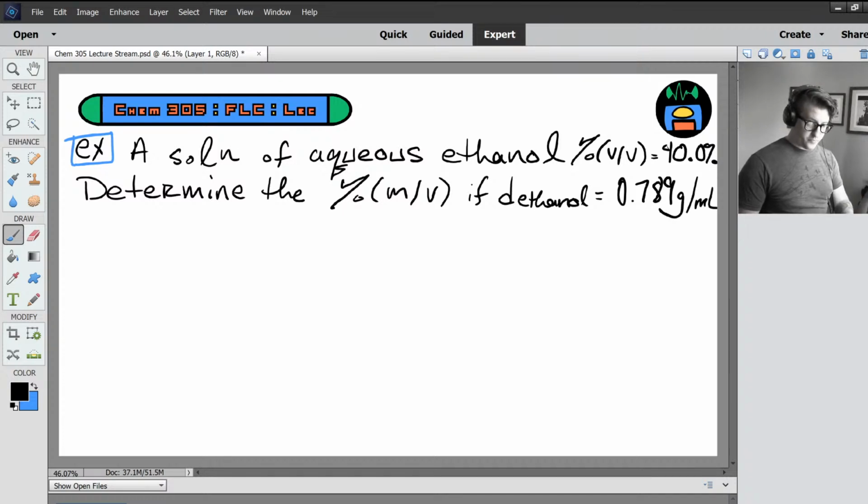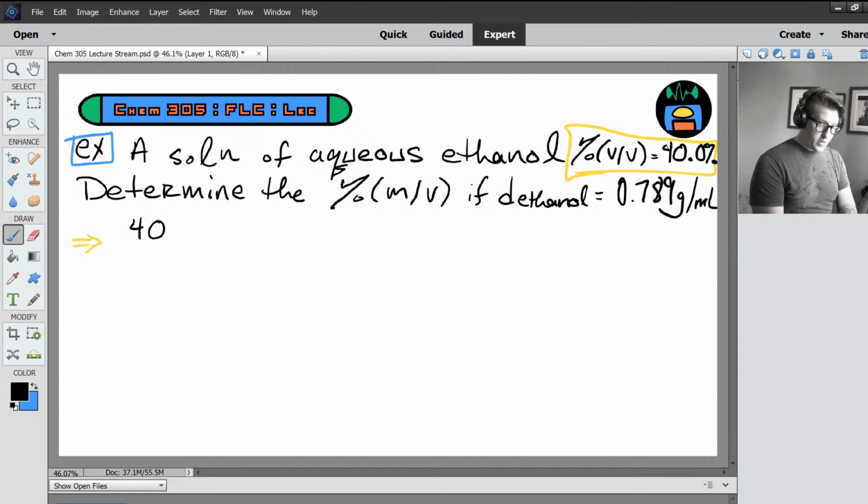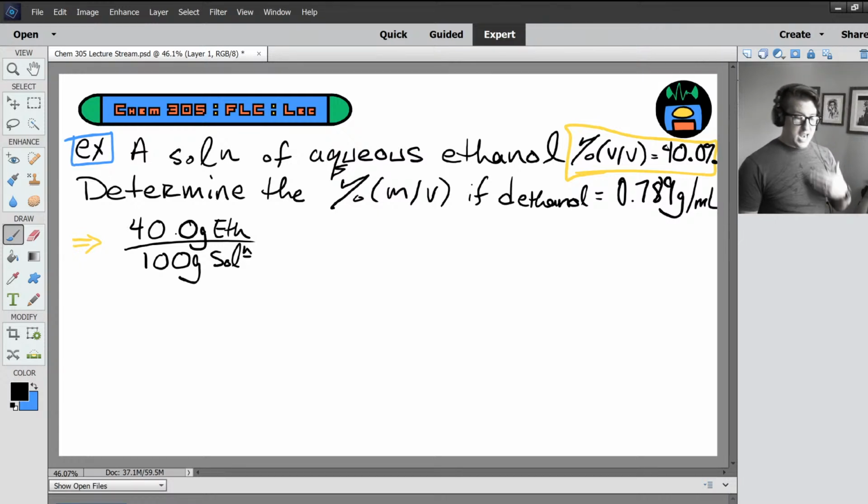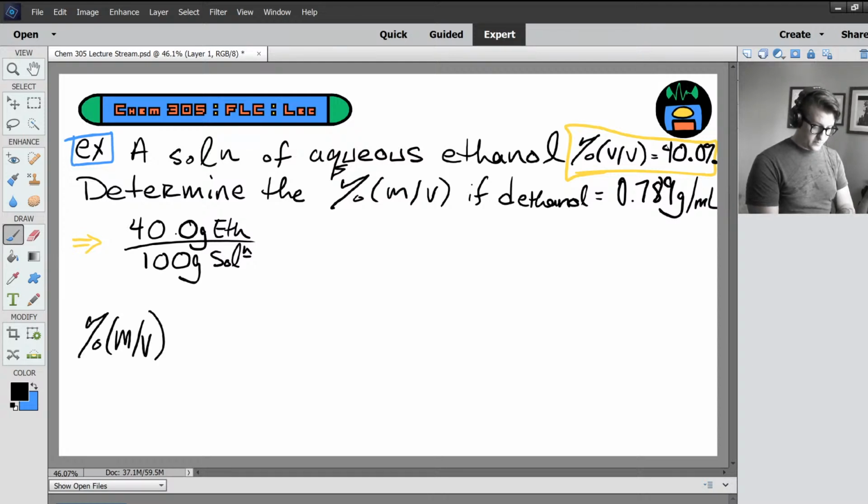Now, to do this problem, you have to conceptually remember what this 40% means. Wait, hang on.